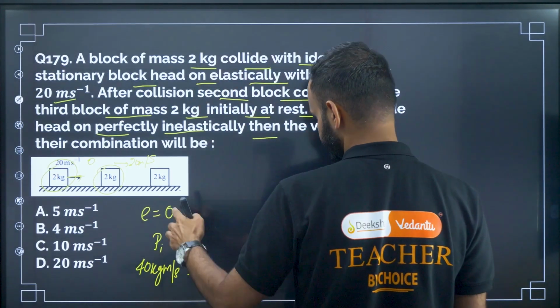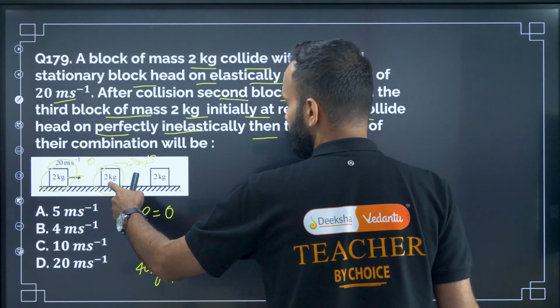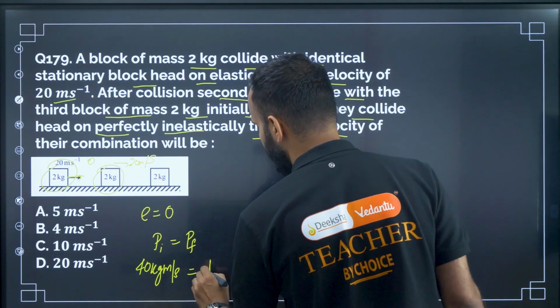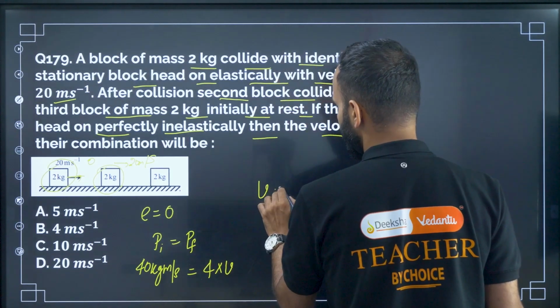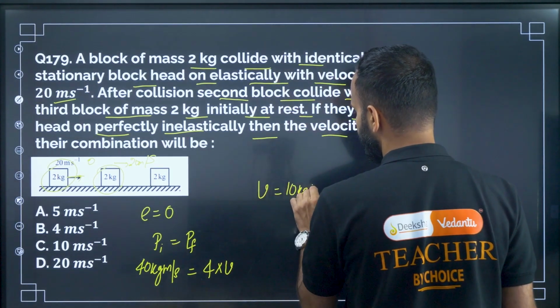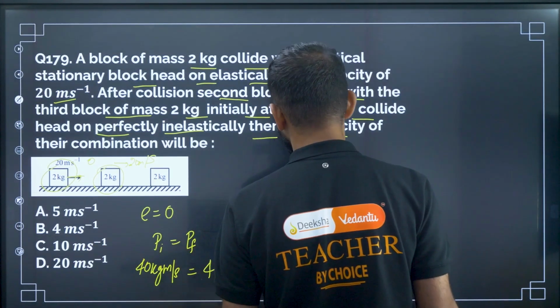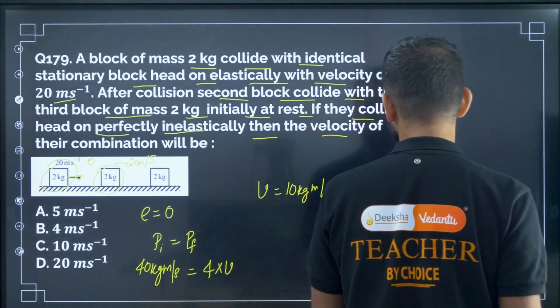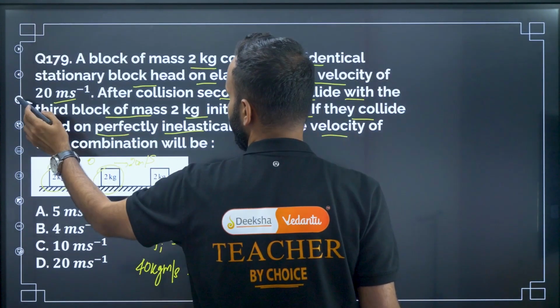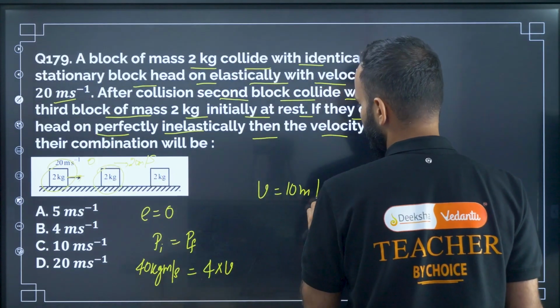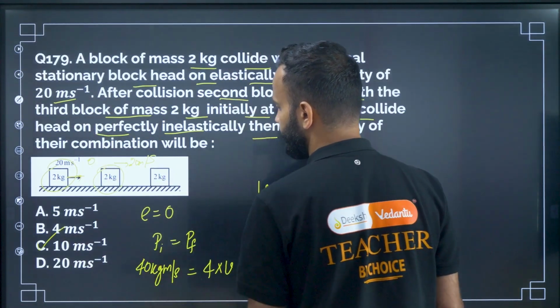Final momentum is mass of both blocks, 4 kg, into velocity v. So v equals 10, sorry, 10 meter per second. So the correct option is C.